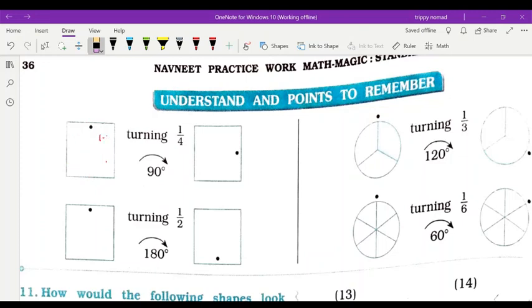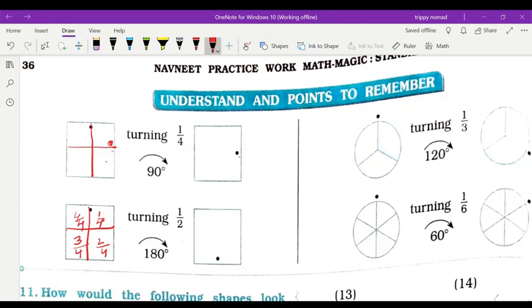I am going to rub. So you understood where the 1/4 part was? It was here. So for the 1/4 part, this dot has to move. That means it will come here. And when we have to move a half turn, as we have done 1/4, this was 1 by 4, 2 by 4, 3 by 4, and this is 4, out of 4 parts.